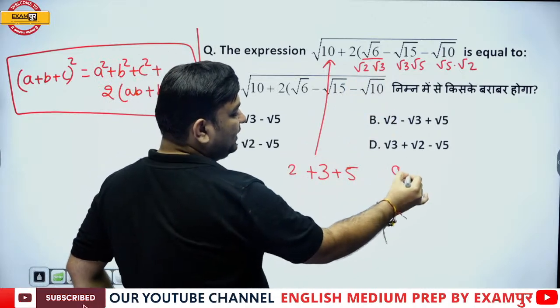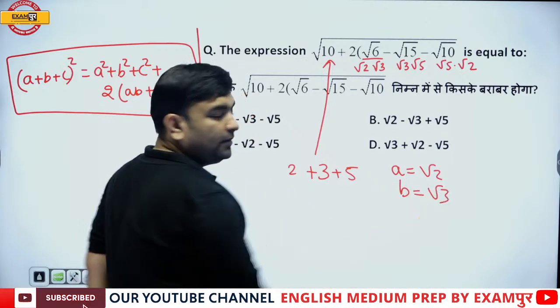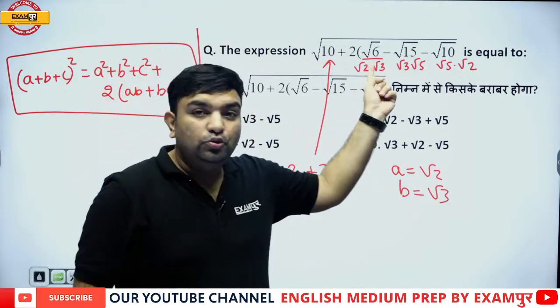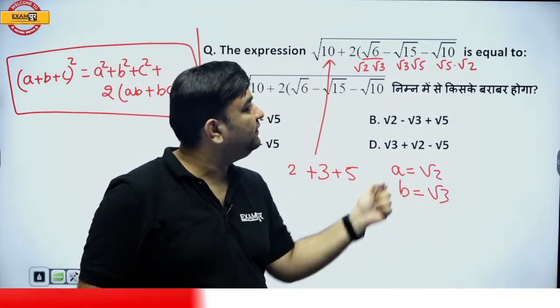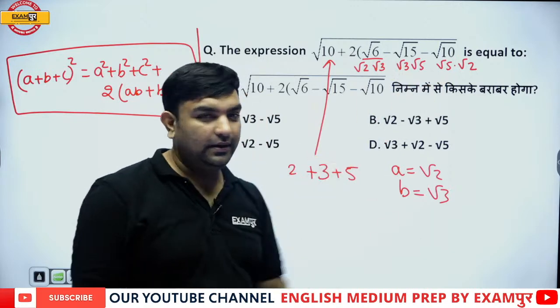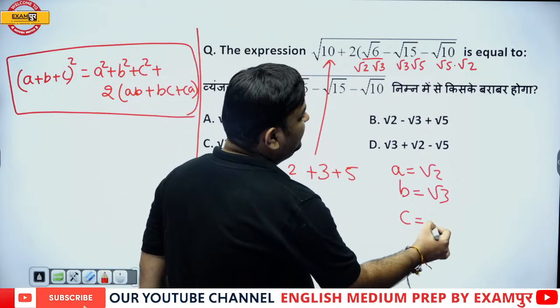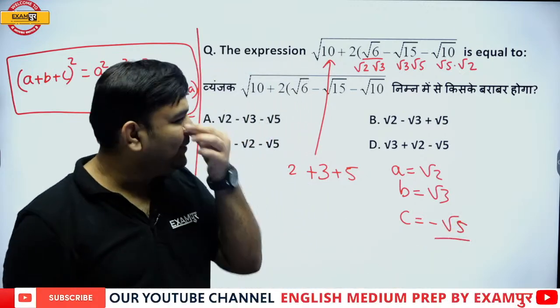This root 6 is positive, so I can say that a is positive and b is also positive. Only c can be negative, that is why these two terms are negative. Got it?